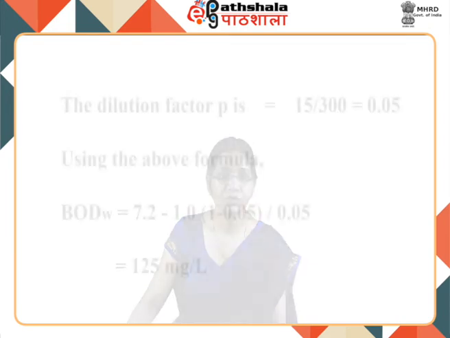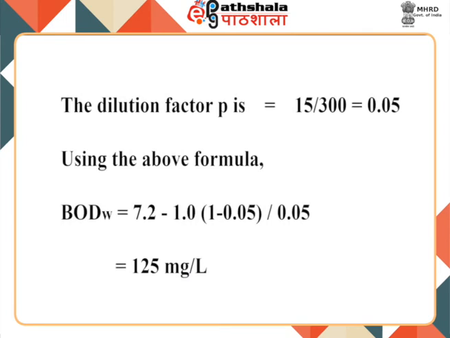Determine the 5-day BOD of the waste. So, first you will calculate the dilution factor, which is 15 upon 300, which will be 0.05, and using the formula given above, you will calculate the BOD of the wastewater, which comes out to be 125 mg per liter.